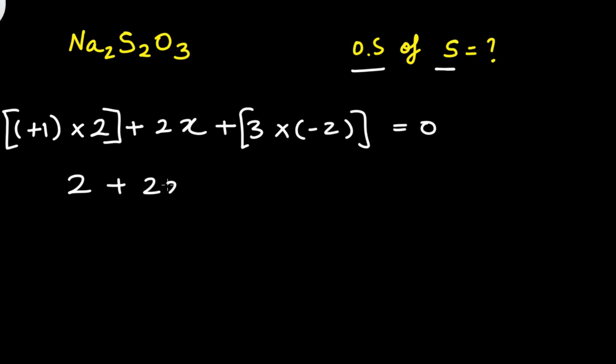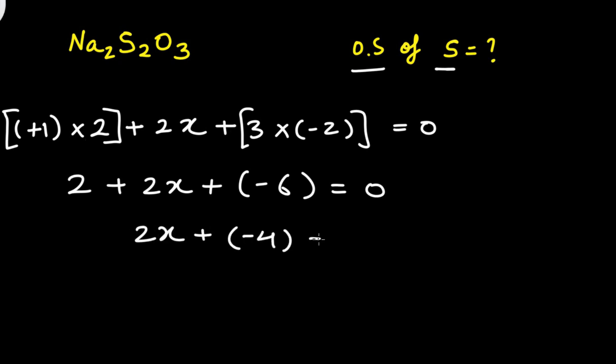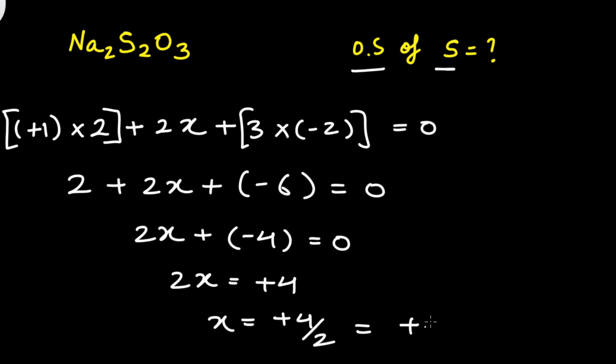Solve it. 2X plus -6 equal to 0. 2X plus -4 is equal to 0. 2X is equal to +4. X is equal to +4 by 2, which is +2. So the oxidation state of sulfur is +2 in Na2S2O3.